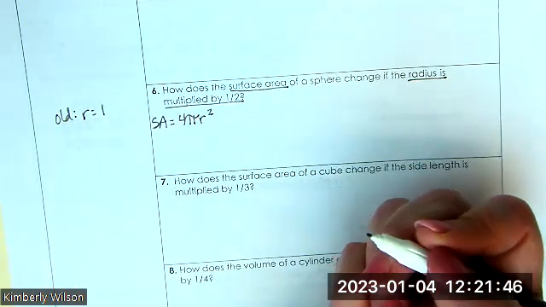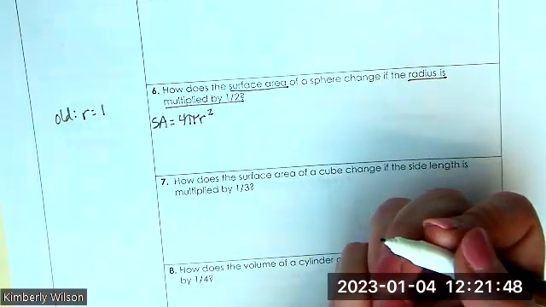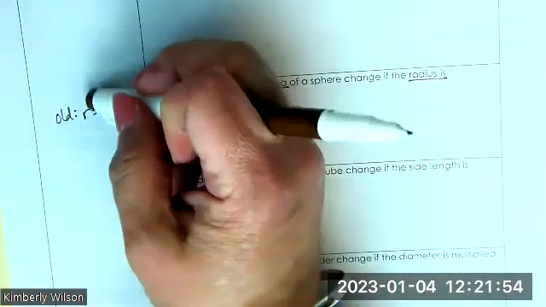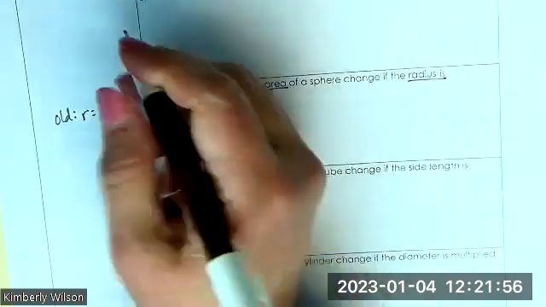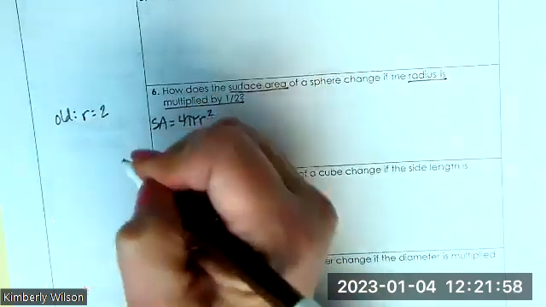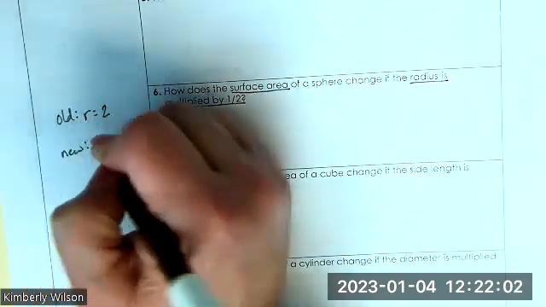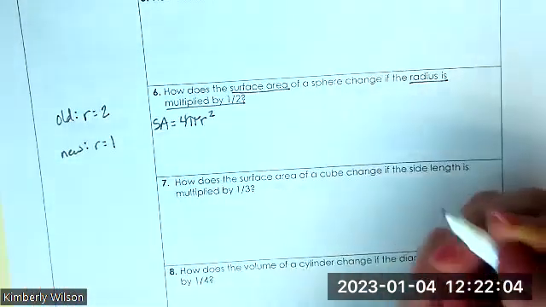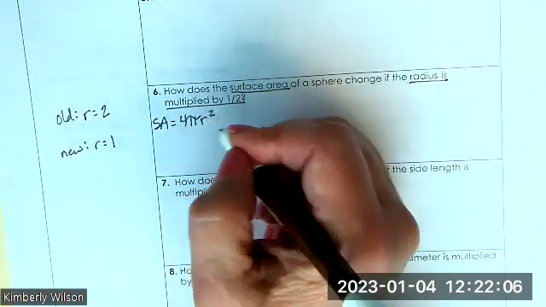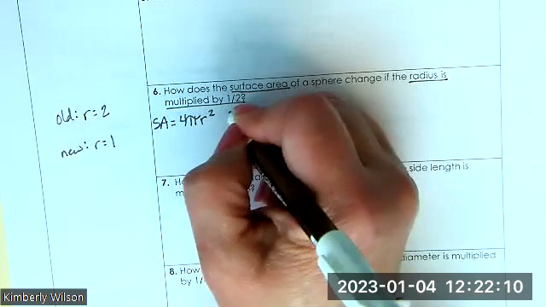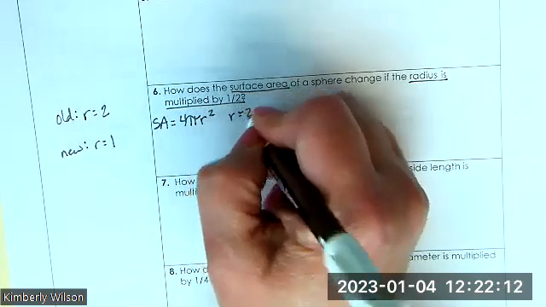So therefore, let's make it easier because we get to choose our numbers. Let's make the radius 2 for the old, and for the new, we'll make the radius equal 1. So therefore, when I figure this out, my radius is equal to 2 here.